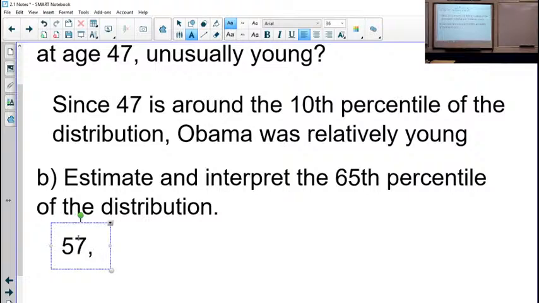And our interpretation: you should not just state a percentile. 65th percentile means 65% of, here comes context to the question, what are we measuring? 65% of what?